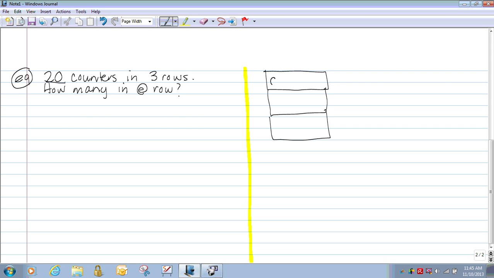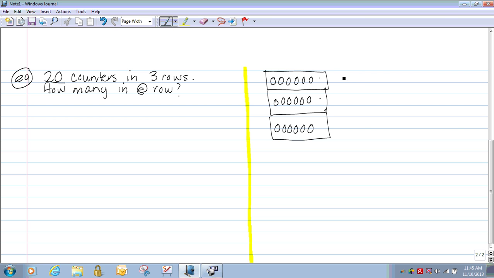So here we go. 1, 2, 3, 4, 5, 6, 7, 8, 9, 10, 11, 12, 13, 14, 15, 16, 17, 18. If I count 2 more, 19, 20, that means that my bottom row would not have a counter.